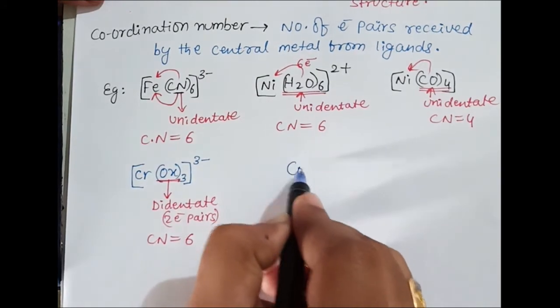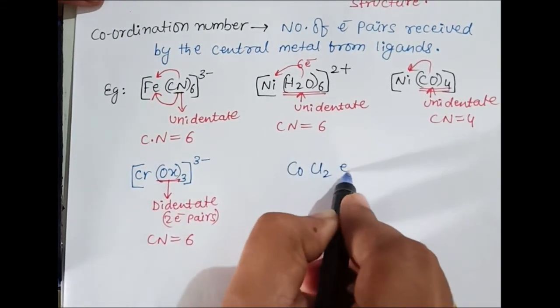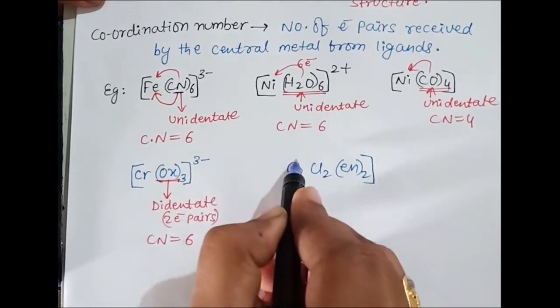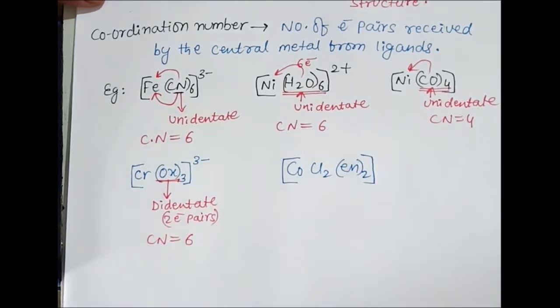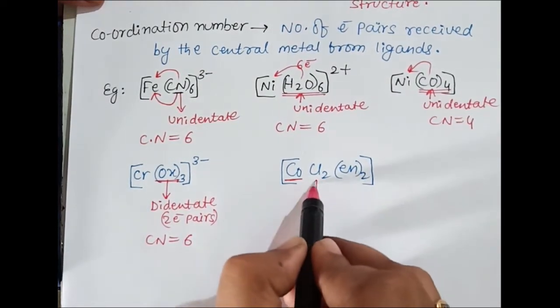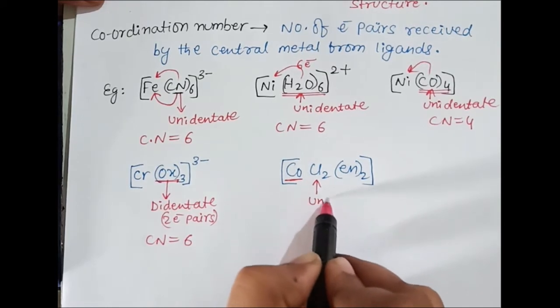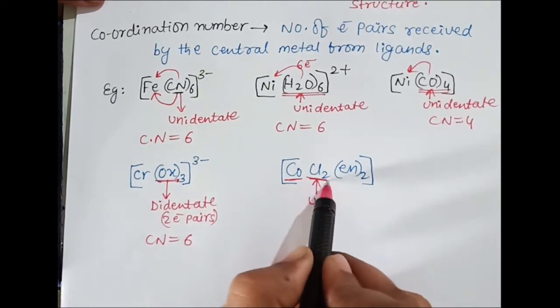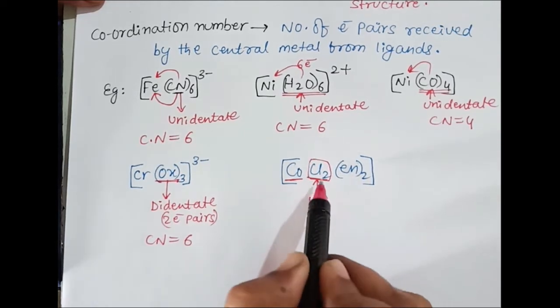Now the last example. If you can give the correct answer here, then I can say you understood this word. What is the coordination number of cobalt in this one? Chlorine is which type of ligand? Unidentate ligand, which means it will donate one pair. There are two chlorine atoms, which means two electron pairs.